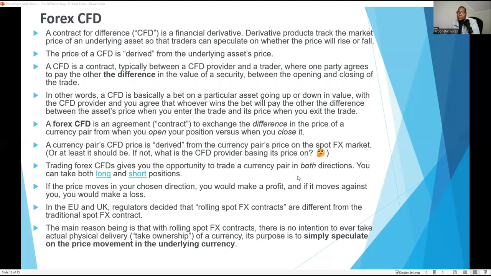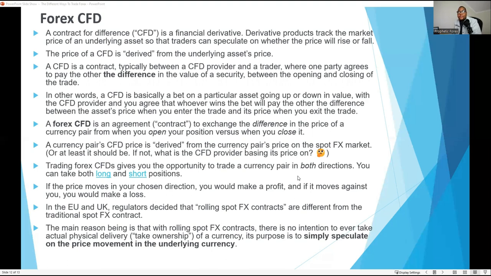Most of the stuff that we're trading, we're actually trading contracts that are packaged as currencies, or rather CFDs, as we're saying. In other words, a CFD is basically a bet on a particular asset going up or going down in value. With the CFD provider, you agree whoever wins the bet will pay the other the difference between the asset's price when you enter the trade and its price when you exit the trade.